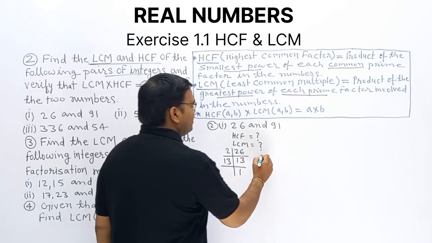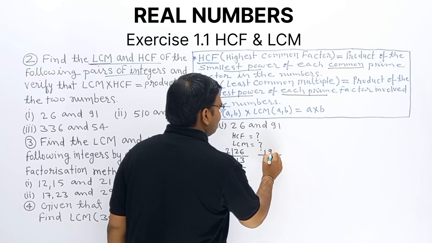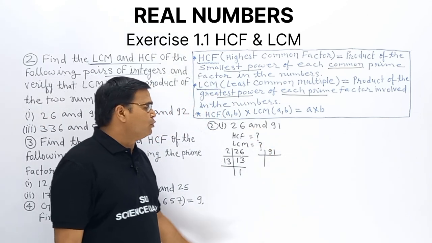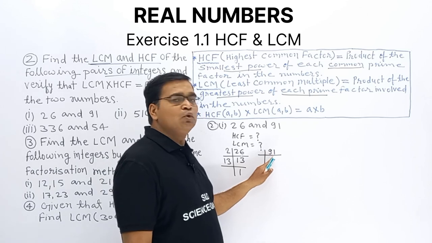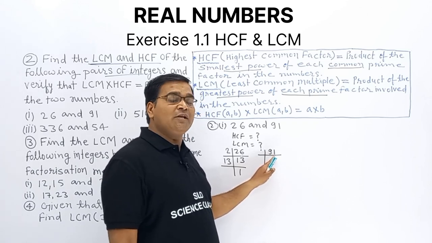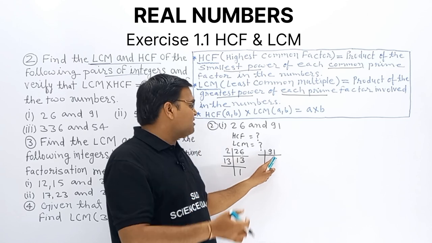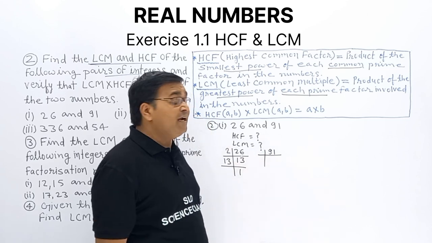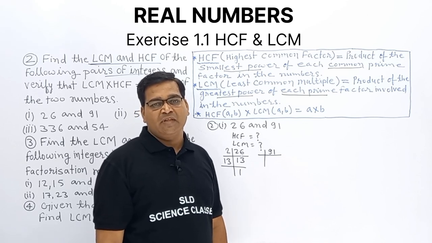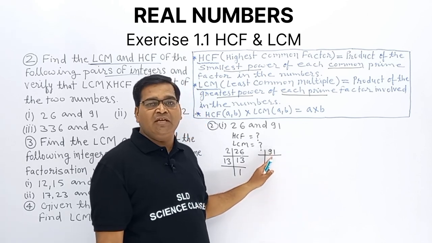Now the next number, 91. First divide by 2. Can we divide 91 by 2? If the unit place is having 0, 2, 4, 6, 8, then only we can divide by 2. The unit place is having 1, so we cannot divide this number by 2. Then the next prime number is 3. Can we divide this number by 3?